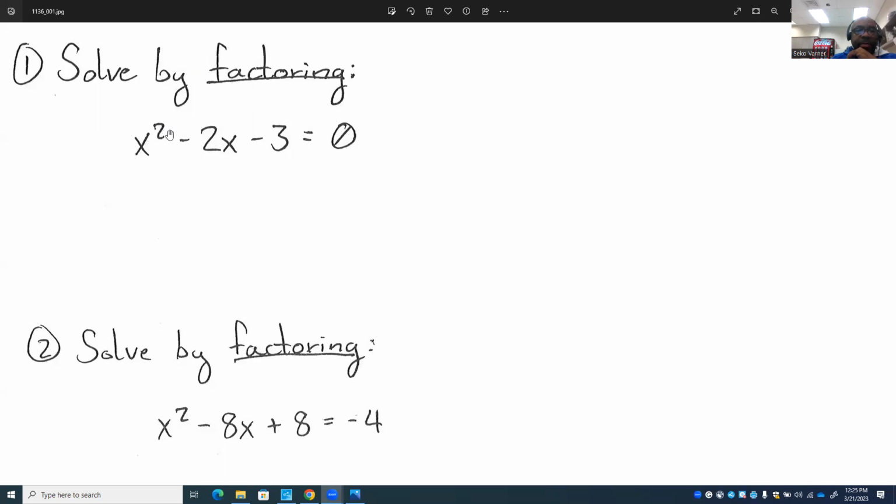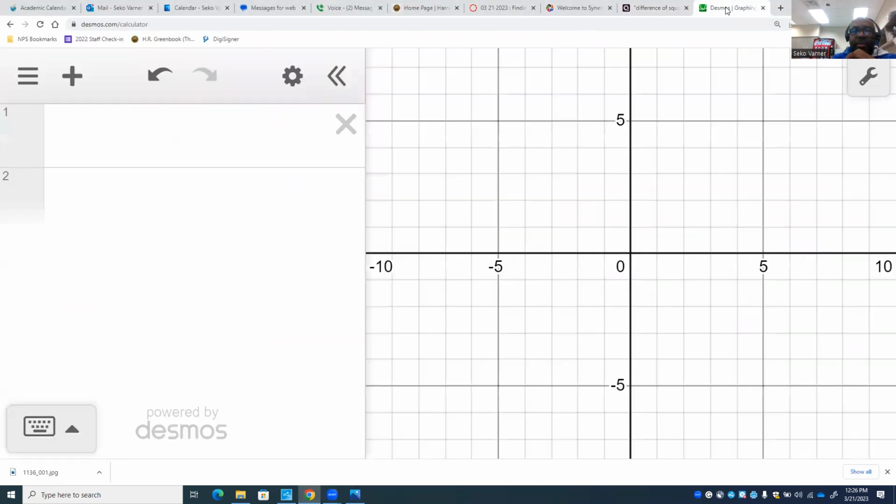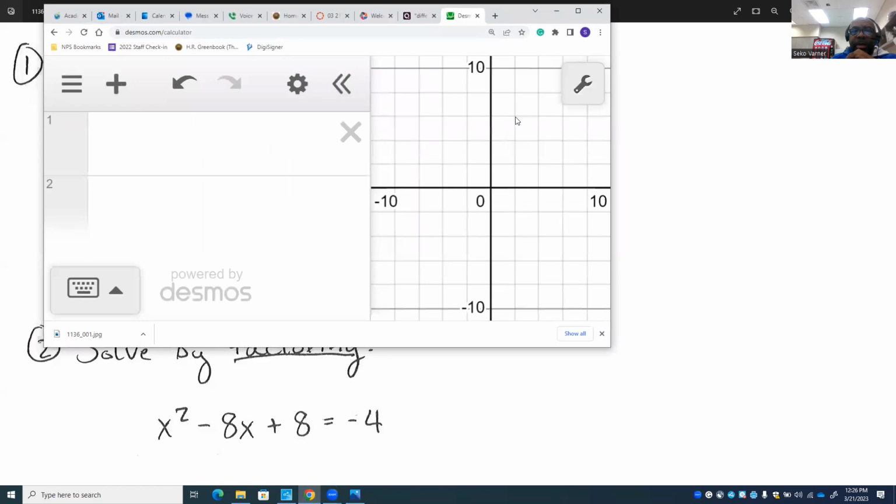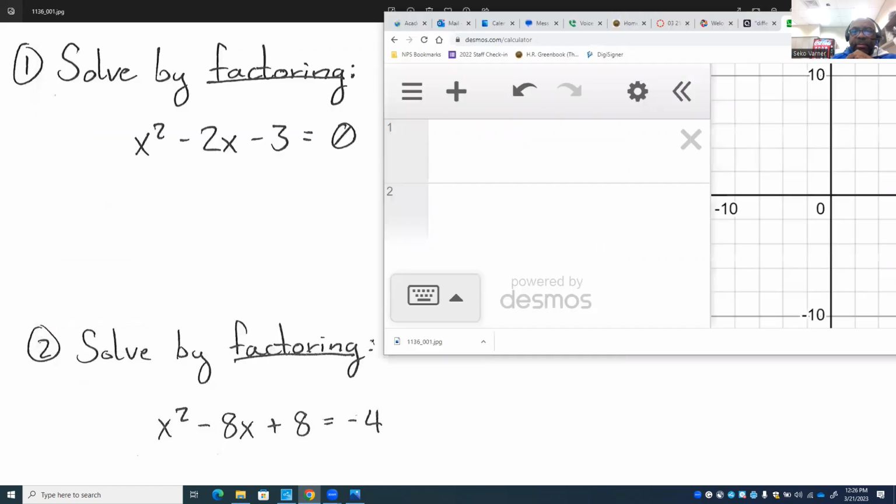So this says x squared minus 2x minus 3 equals 0. I need to solve by factoring. So what I'm going to do is pull up my handy dandy Desmos. Maybe I can make it a little smaller just to type in the information.